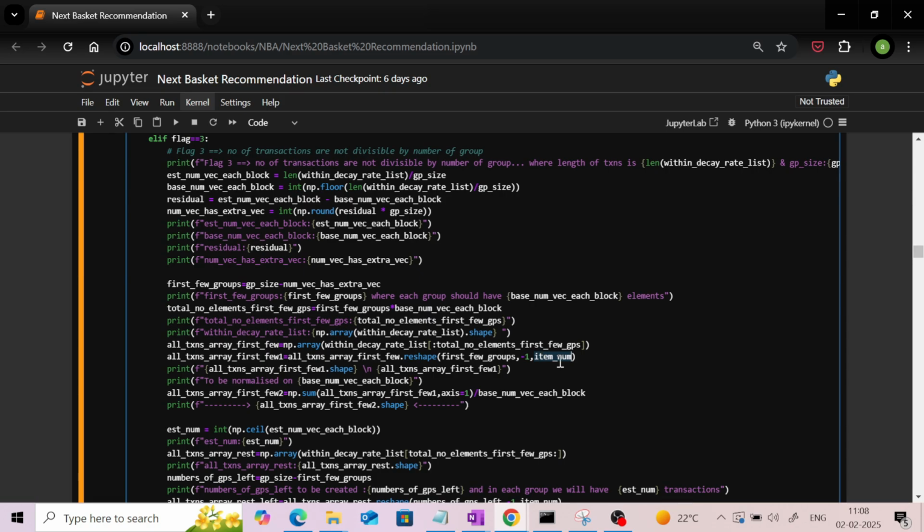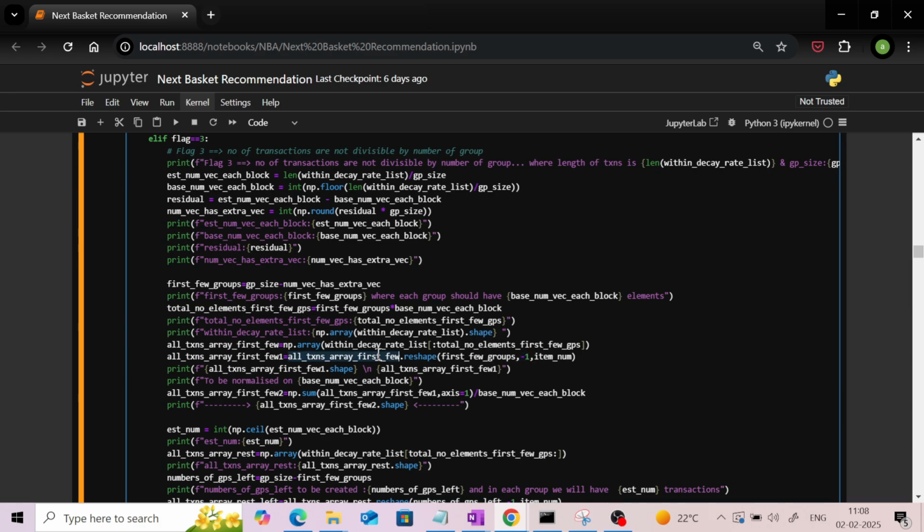That is coming from item number, because we have that number of distinct products in our database. Now what does this minus do? This is very interesting. When you pass minus one as any one of the dimension, then numpy automatically creates this dimension by doing some adjustment.